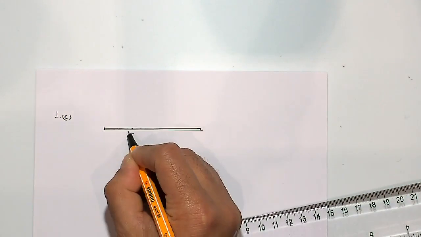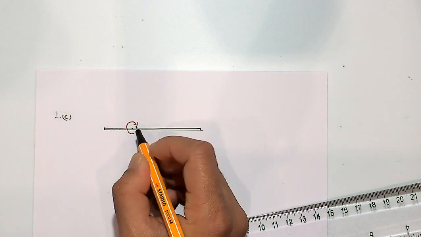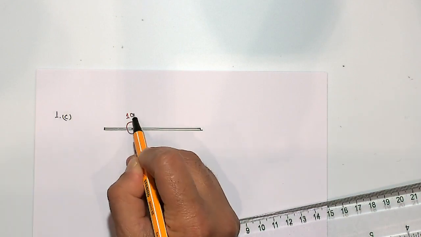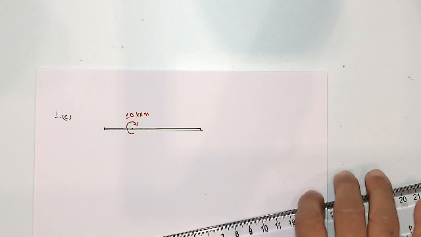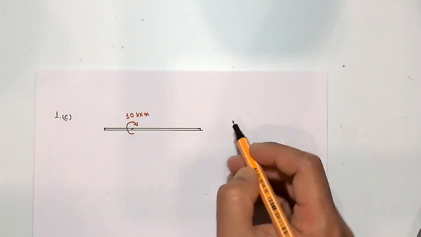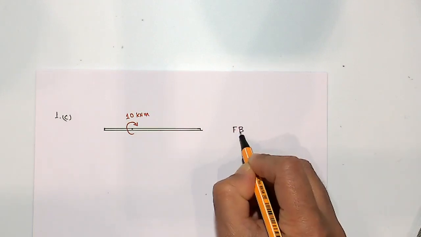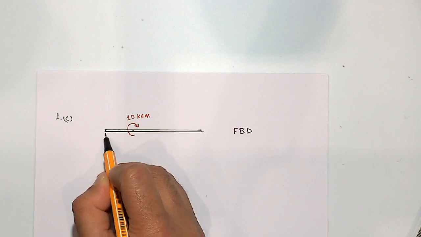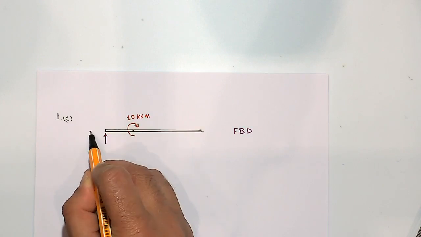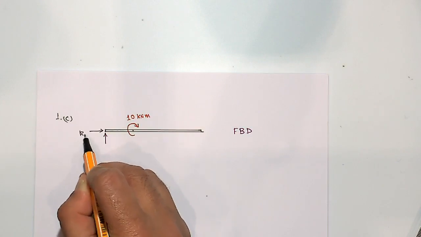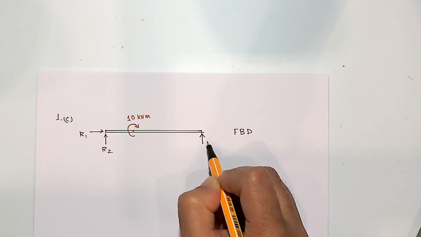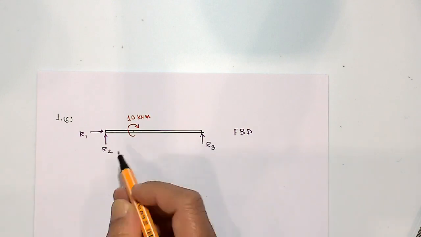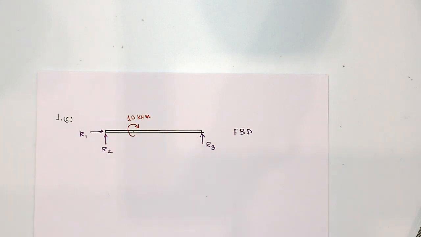So a moment acting there, and the value of that moment is 10 kilonewton meter. And if you do the free body diagram for this case as before, so you will have two reaction forces here, R1 and R2, and you have got R3 in this point. So how do we find R1, R2 and R3?